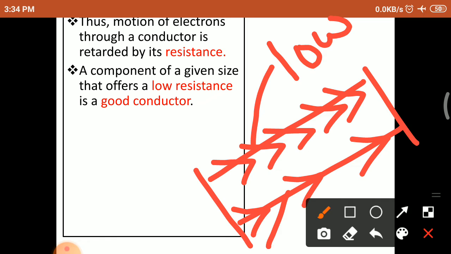If the resistance is high, fewer electrons move. So depending upon the resistance, we can say whether this material is a conductor or insulator. If it has low resistance, it is a conductor. If it has high resistance, it is an insulator.